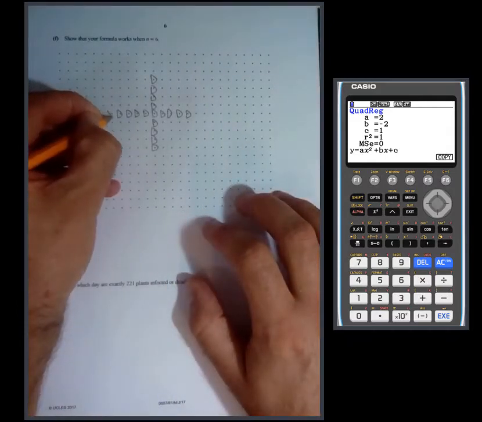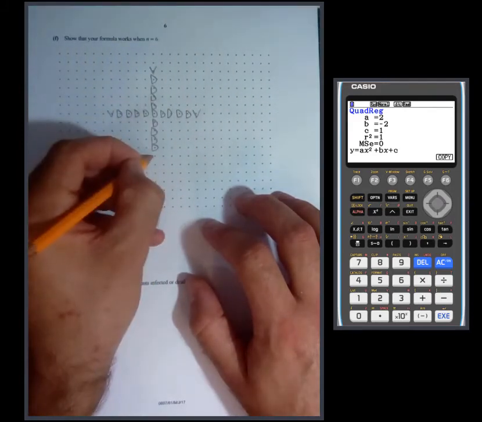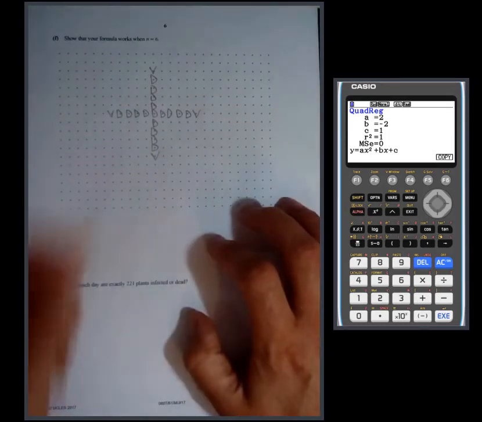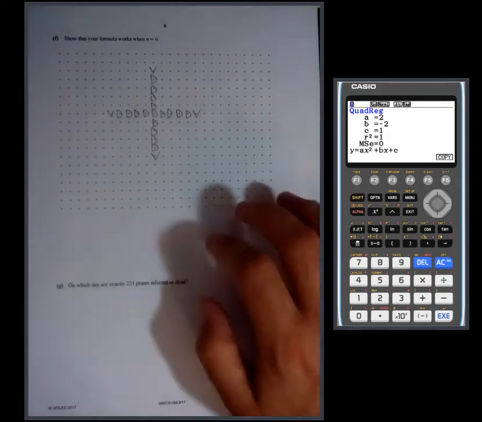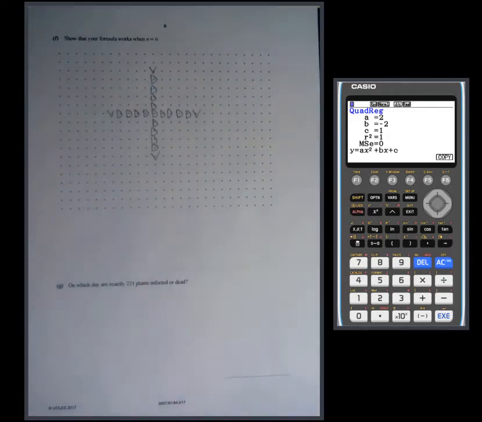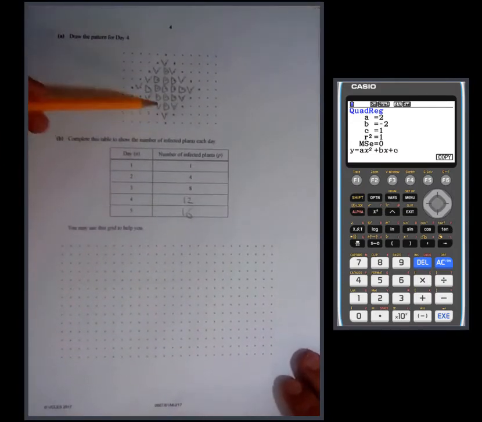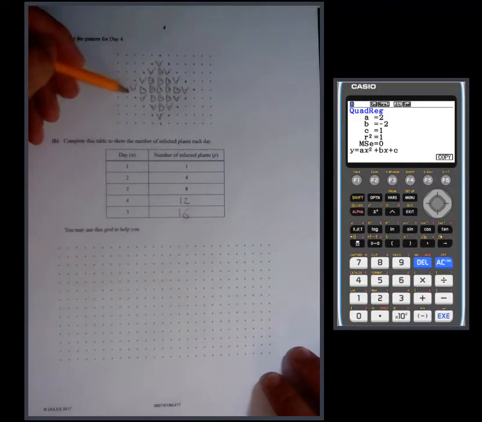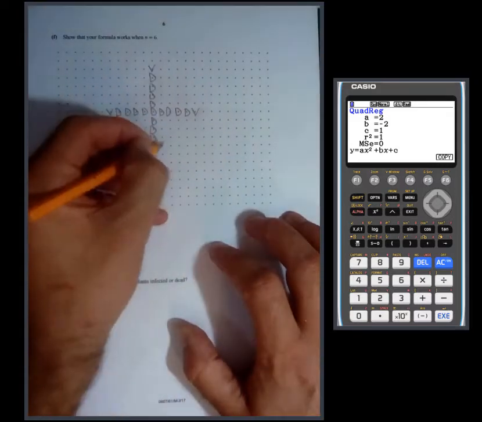So I know that this is going to be virus, virus, virus, virus, like that. And then I can just start to fill in the viruses. I think the easiest way is, once you've got these 4 viruses on the edges of that cross, from there they just go on the diagonal like this.